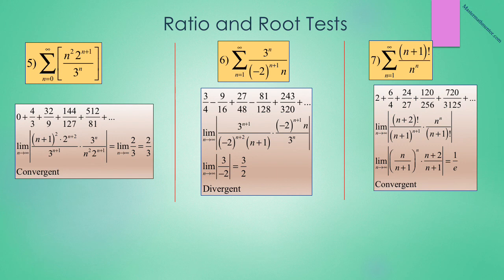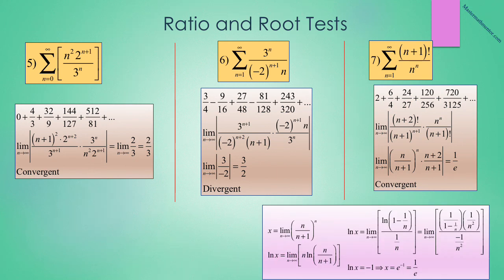And now the limit as n approaches infinity of n plus 2 over n plus 1 is simply 1. So we have the limit as n approaches infinity of n over n plus 1 raised to the n, which you should recognize as 1 over e, making this convergent.